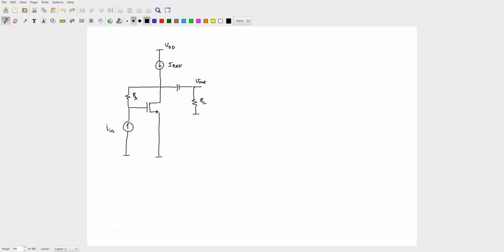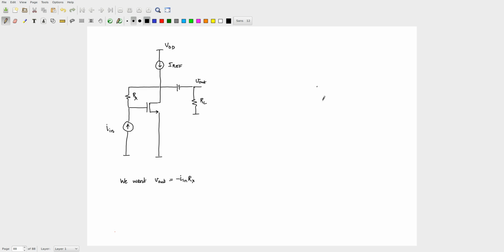You'll just introduce a minus sign in your V out. So now we want V out to be equal to minus I in times Rx, because we have flipped the direction of I in, so the V out direction also flips.